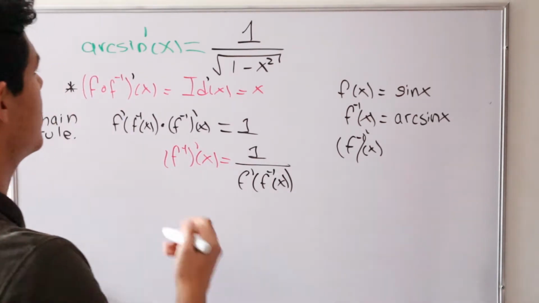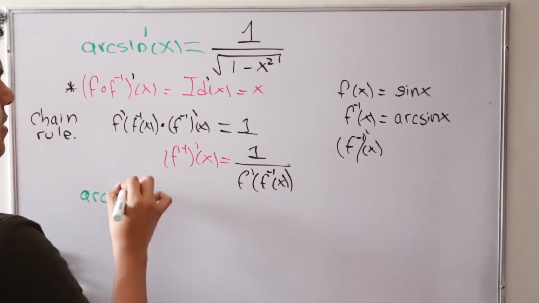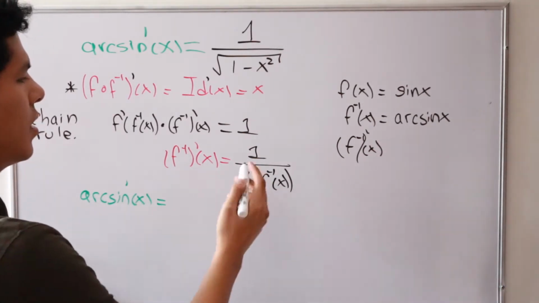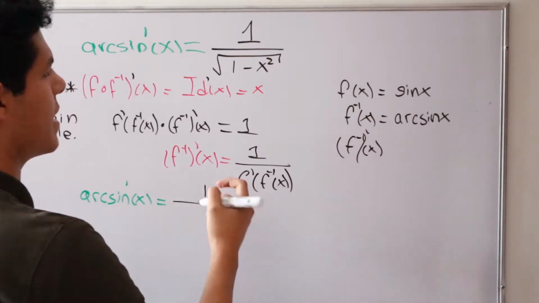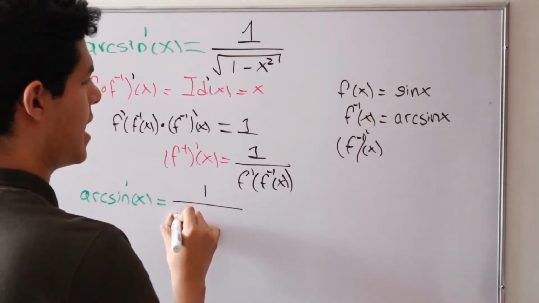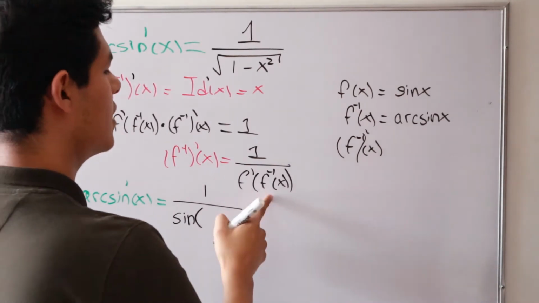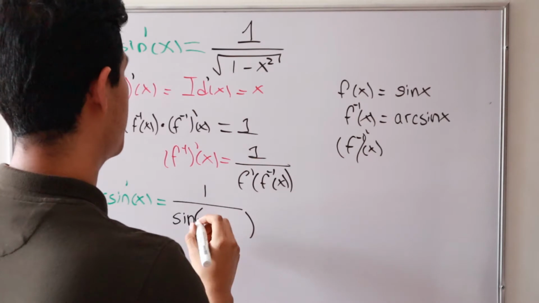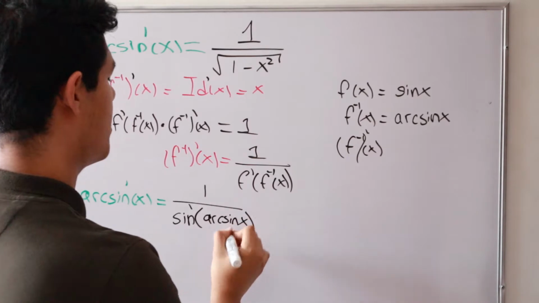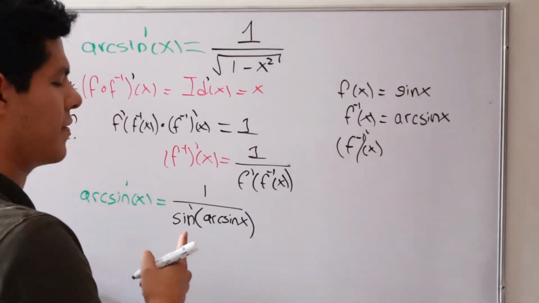So we have that the derivative of arcsine of x equals 1 divided by the derivative of f, that in this case is sine, and we need to evaluate it at arcsine of x.